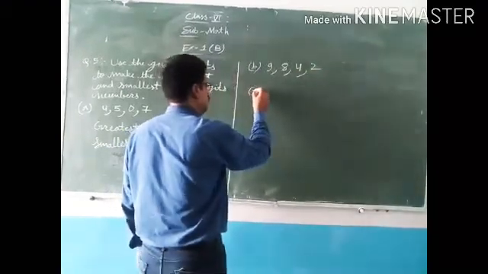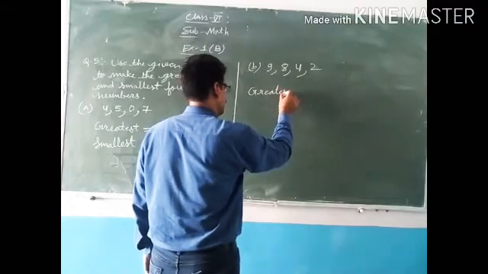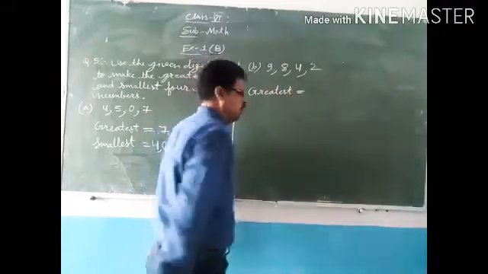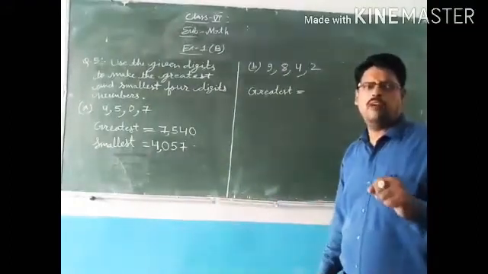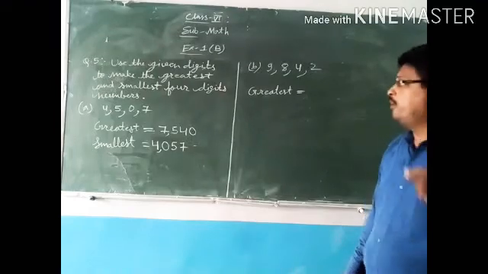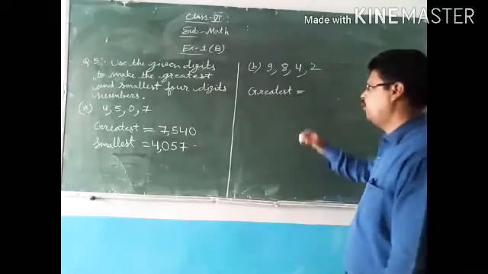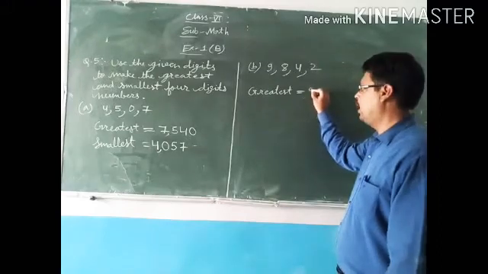So first we have to make the greatest 4-digit number. For the greatest number, I have told you in which order to write the digits: descending order. So among 9, 8, 4, 2, which is the biggest one? 9 is the biggest.